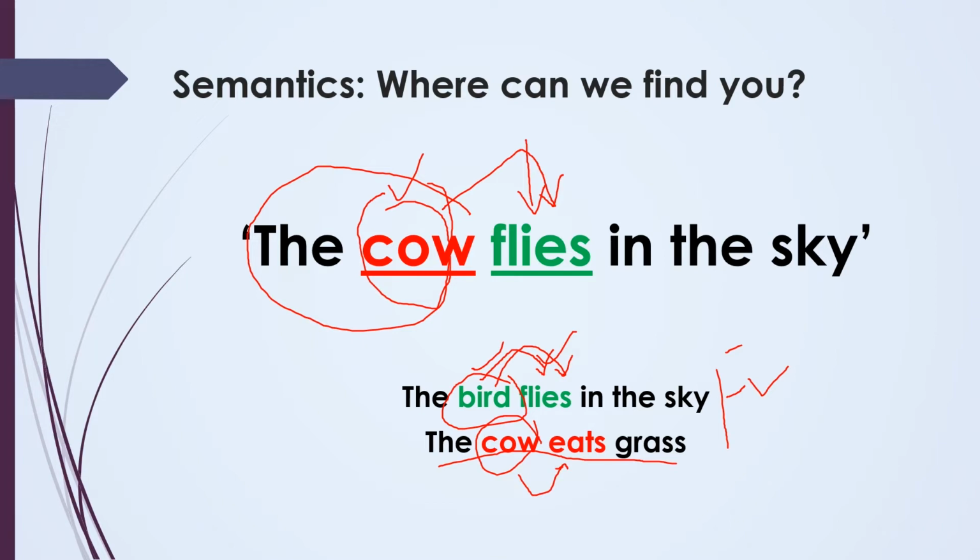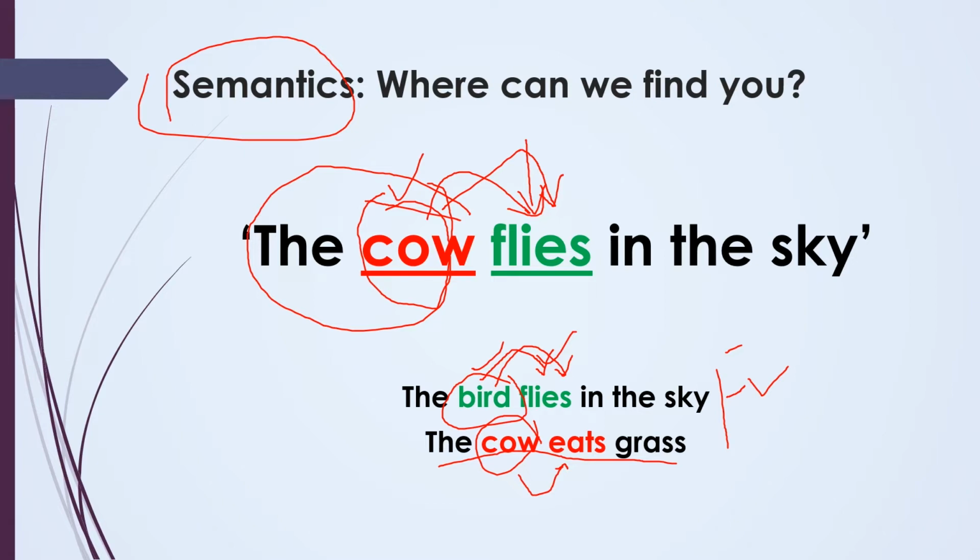The cow cannot fly, so that's why the cow doesn't go with this particular verb flies. So that's the issue we are referring to, and this issue is going to be solved under semantics. So the problems which arise from syntax will be solved under semantics.